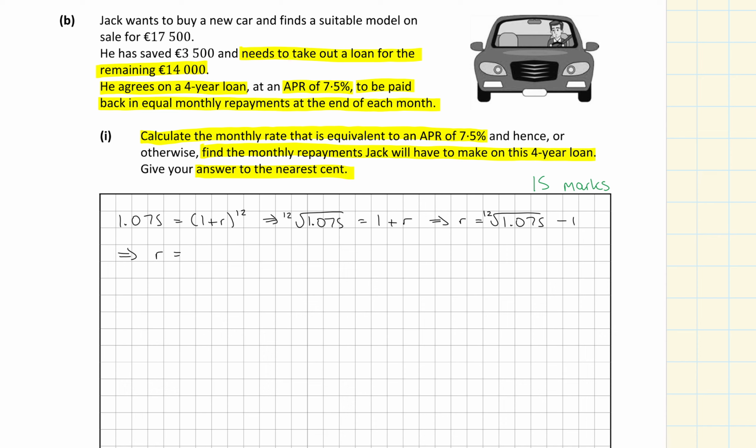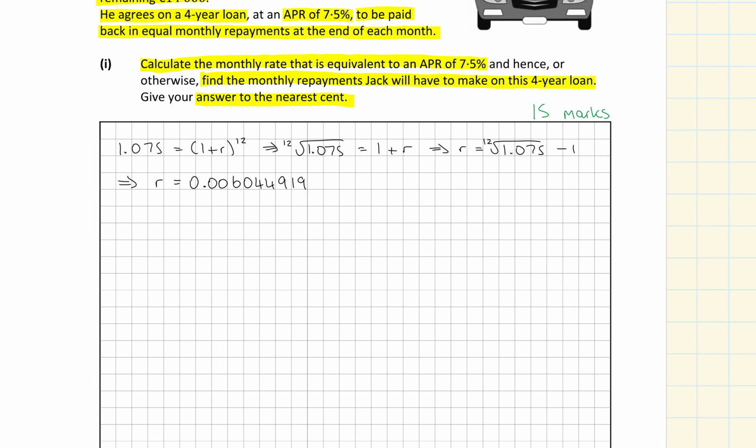Into your calculator: 12th root of 1.075 minus 1 will give you 0.006044919. Okay, and now we're going to look at setting up our series.